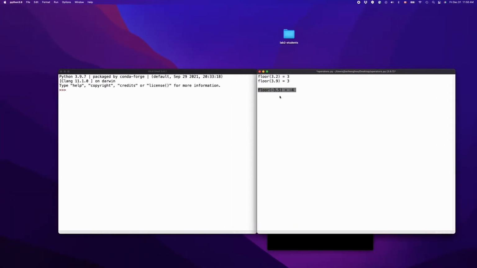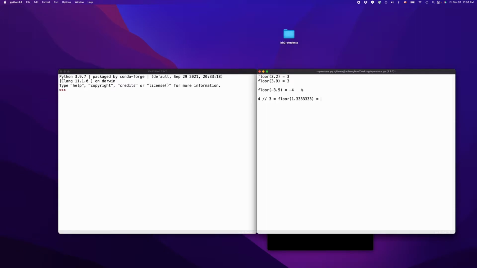So let's try. If we use 4 divided by 3, it is an integer division. Then it is like floor. So 4 divided by 3 is like floor of 1.3.